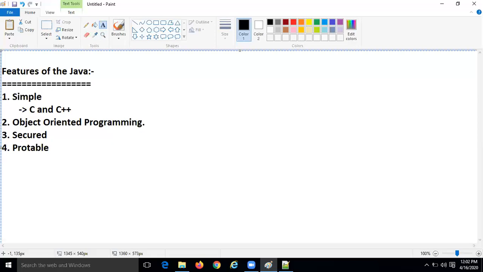That is what portable means. Okay, so far we covered four features. Java is simple. Java is object oriented. Java is a secured language. Java is a portable language. Next one, Java is a dynamic programming language.